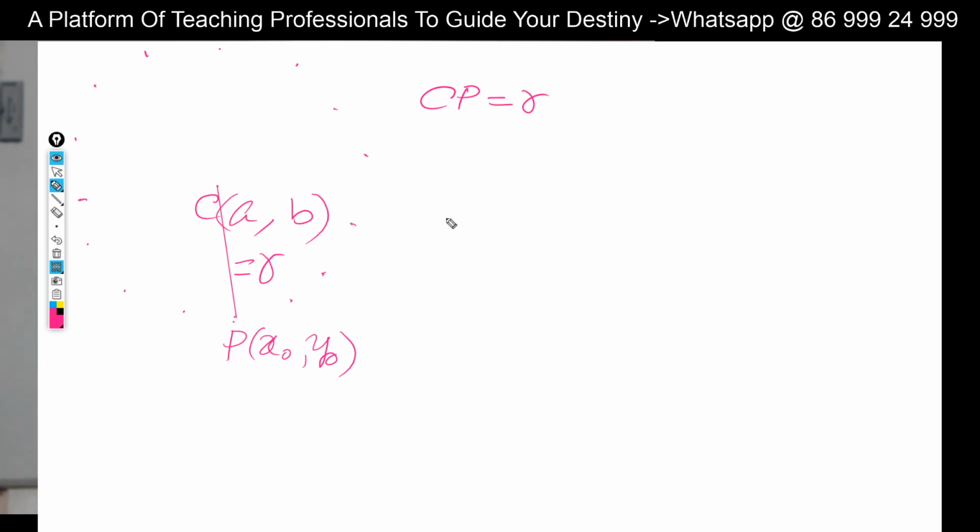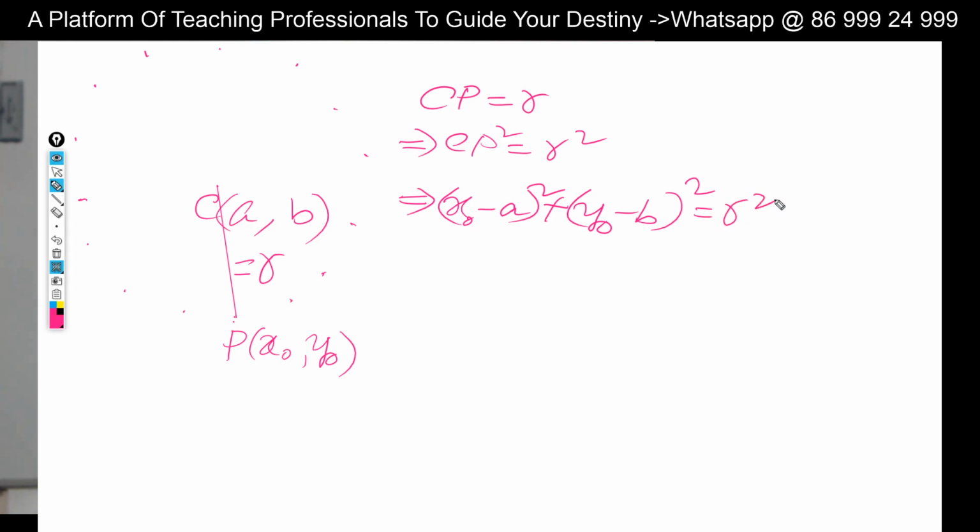So CP is equal to r, which implies that we are going to apply now the distance formula. CP square is equal to r square. What is CP square here? C is a b and P is x naught, y naught. So x naught minus a whole square plus y naught minus b whole square is equal to r square.